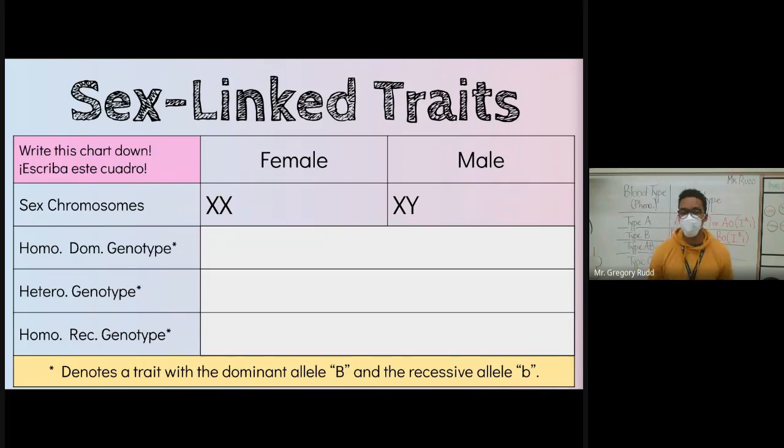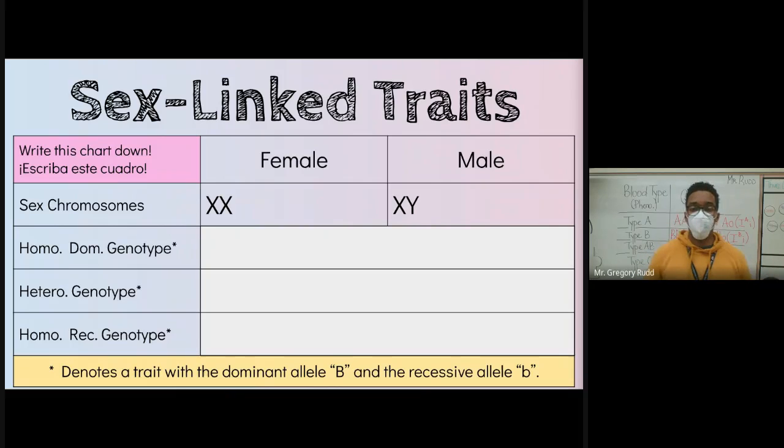Any ideas? It will be XX, but where does the B come in? We're talking about homozygous dominant. So there will be a capital B. And this is what it looks like.